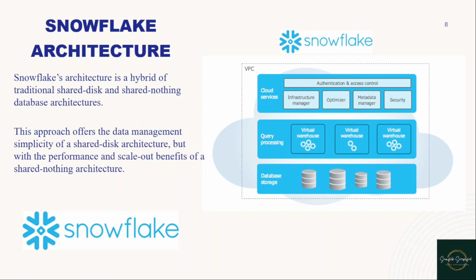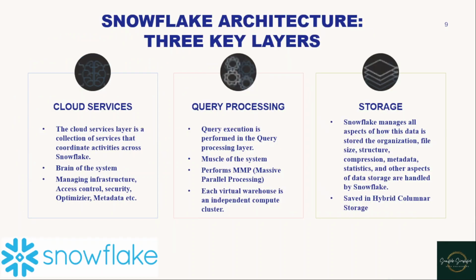That's why this layer is also called the muscle of the system. The virtual warehouses can perform massive parallel processing, which makes processing queries very efficient, especially with large amounts of data or very complex queries, so that the queries can be processed by multiple servers at the same time.